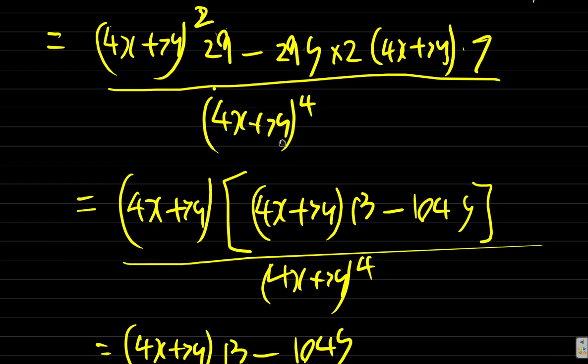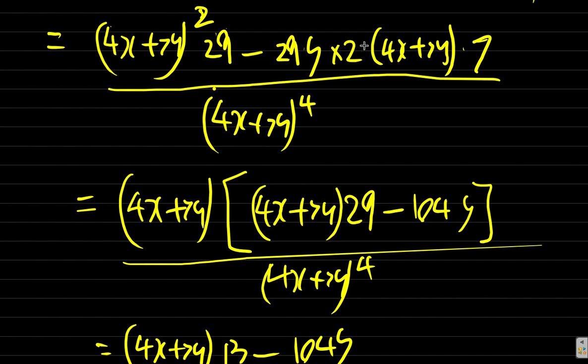Alright, so when we work this out, we factor out the (4x + 7y) times (4x + 7y) by, this should be 29. This would be 29 minus, and then up top here will be 29 by 2 by 7.